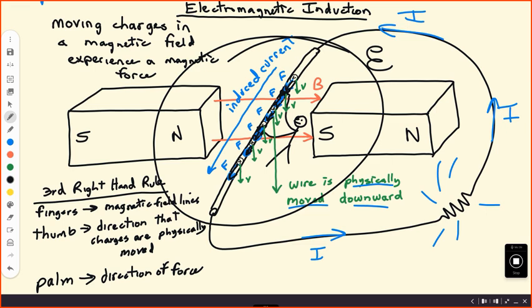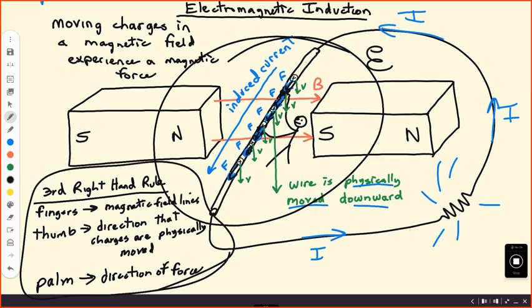And you're going to be asked to find the direction of the induced current, and you can do it by figuring out what's the direction of the force on those charged particles. Or there is a fourth right-hand rule for determining the direction of the induced current.